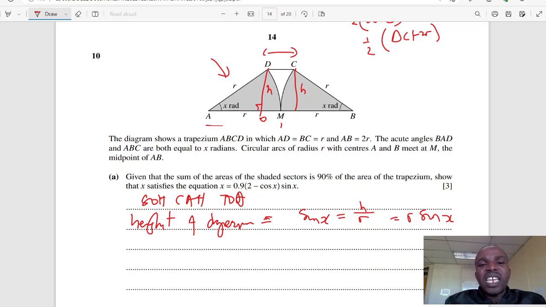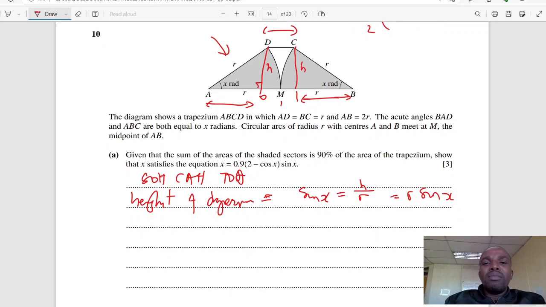Then I have to find now my DC. For DC, I have to find this side AO. Then after finding AO, I multiply by 2 because the same is from this point to this point. Then I subtract from 2R. Right, find DC. DC is equal to 2 times AO, for which AO is what in this case?